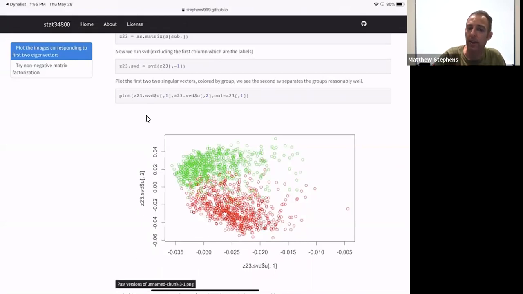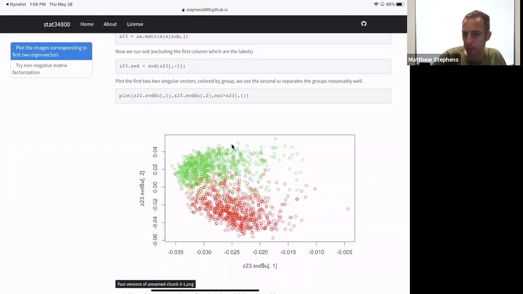The second singular vector would sometimes be called the second principal component. Actually, people often ignore the first one, and this one would become the first principal component. But this one here separates out pretty well the 2's from the 3's. So it's a direction in space that separates out the 2's from the 3's.